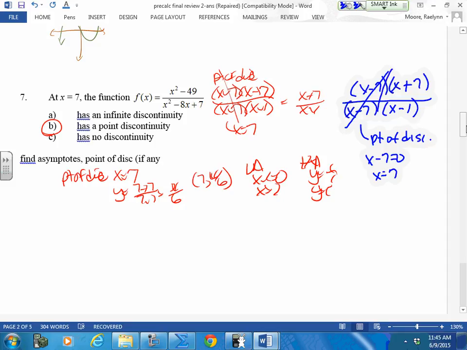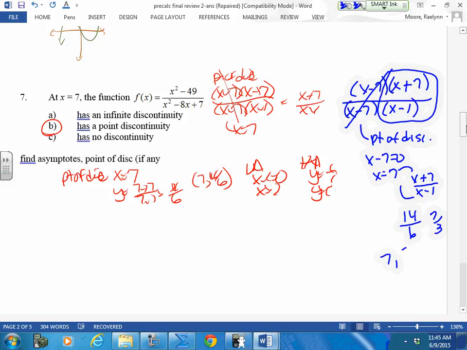Well, I take my reduced function, and now it's like your limits. I can plug this in, because I couldn't plug it in before until I reduced. This is where you did your limits, when x approached 7. So now we plug your 7 in, so we get 14 over 6. If you want to reduce this down to 7 over 3, that's fine.